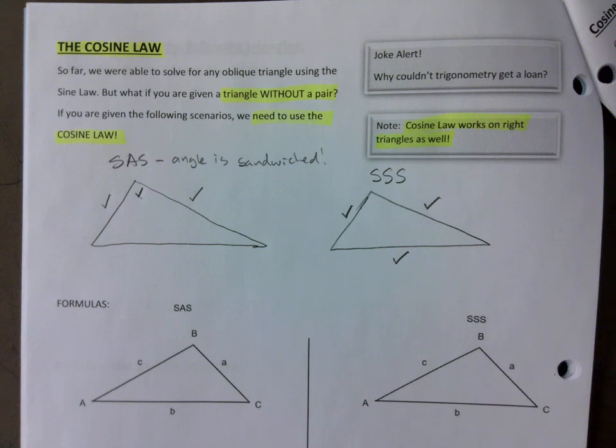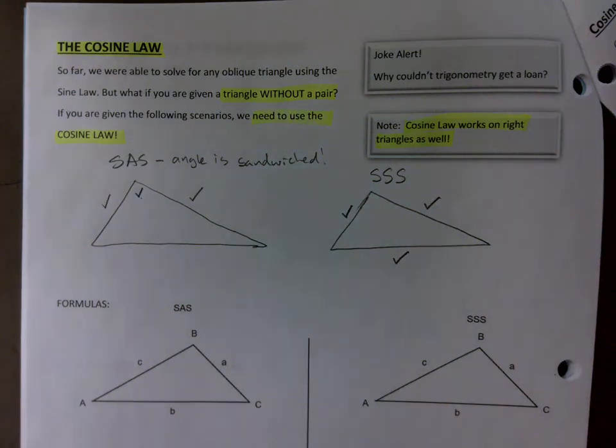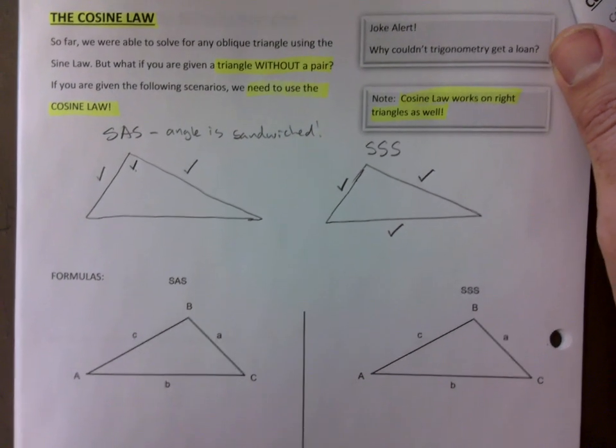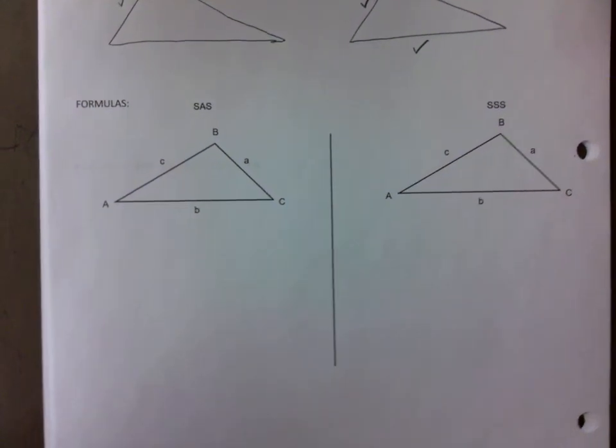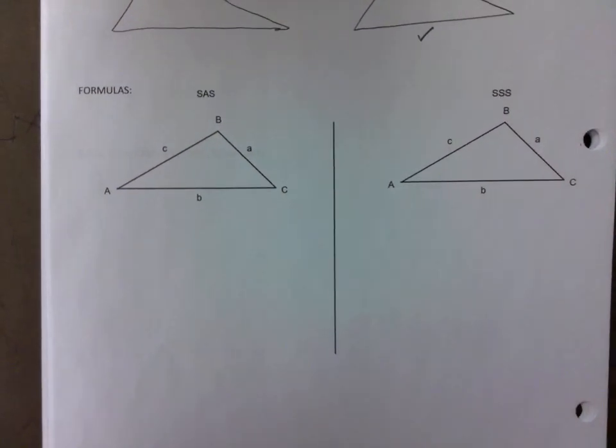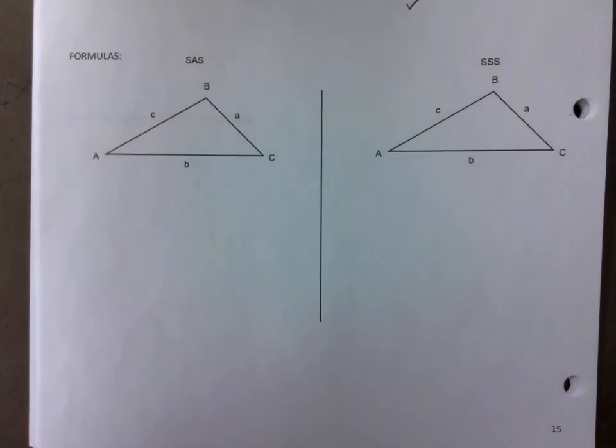Your parents, guardians, or somebody's going to have to co-sign it, saying if my kid doesn't pay this loan, you're on the hook for it as the parent, or whoever co-signed. Your uncle might co-sign for you, so that's why trigonometry didn't get a loan, because nobody would co-sign. So there you go. Just forget about it if it hurts your brain.